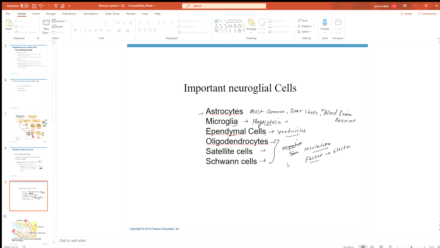So now you can think that if the insulation is lost, then the signal transmission will be what? Slower. So those are the important neuroglial cells and their important functions.